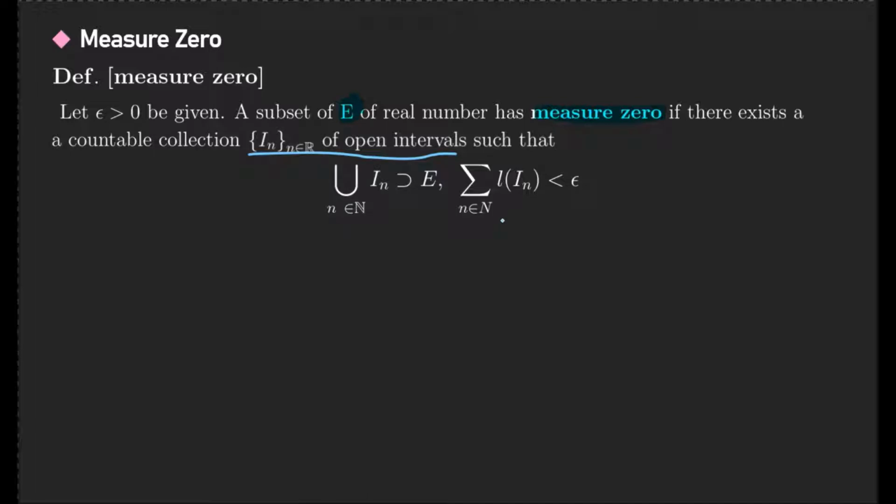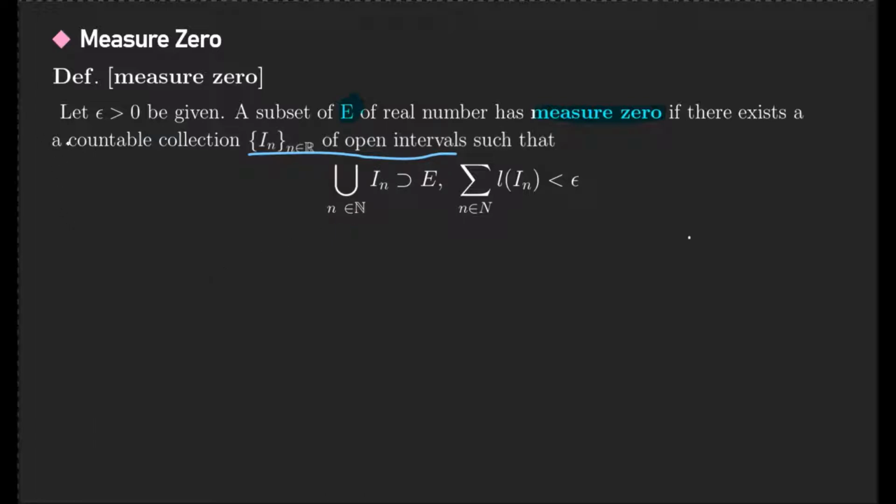We can shrink the length as we desire, because for any epsilon given, even a very small real number, the sum of lengths is smaller than epsilon. So this is the definition of measure 0. If we can do this for a set E, then the set E is called measure 0.